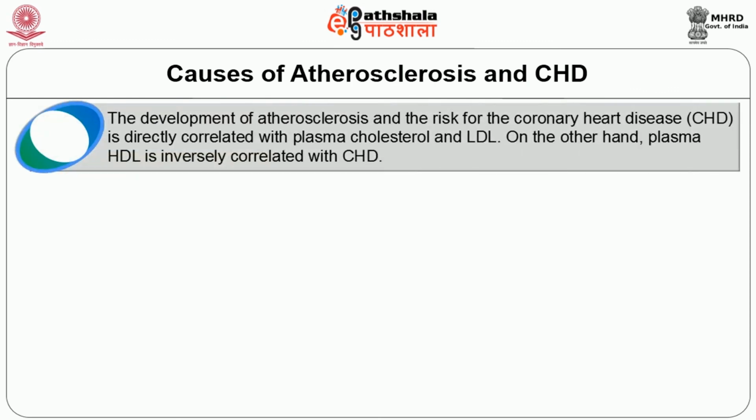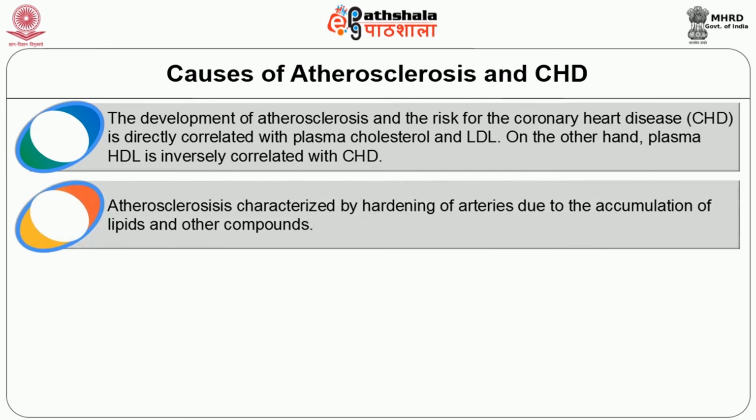The development of atherosclerosis and the risk for coronary heart disease is directly correlated with plasma cholesterol and LDL. On the other hand, plasma HDL is inversely correlated with CHD. Atherosclerosis is characterized by hardening of arteries due to the accumulation of lipids and other compounds.